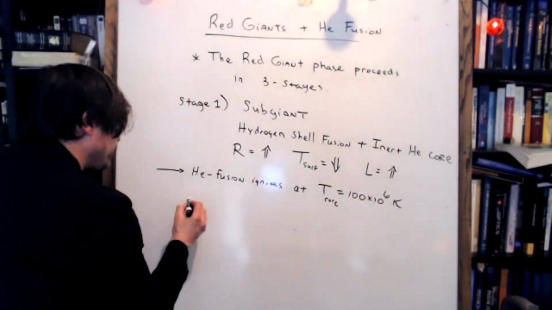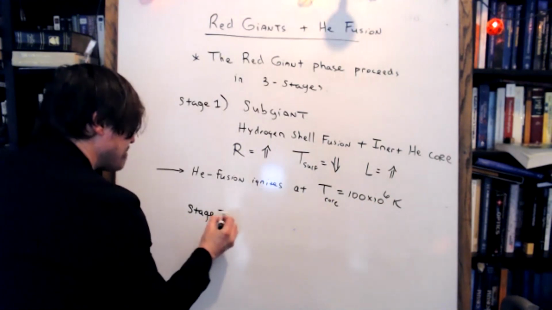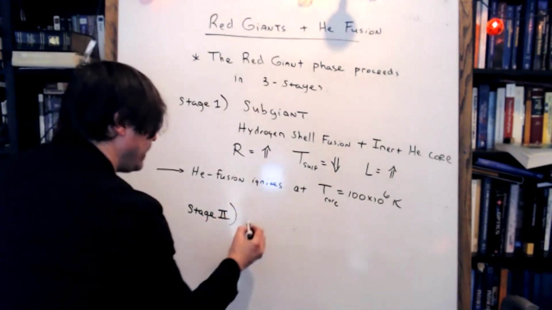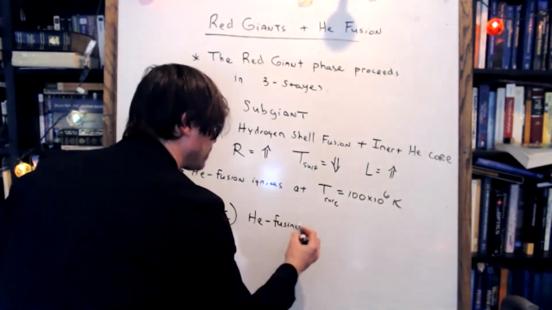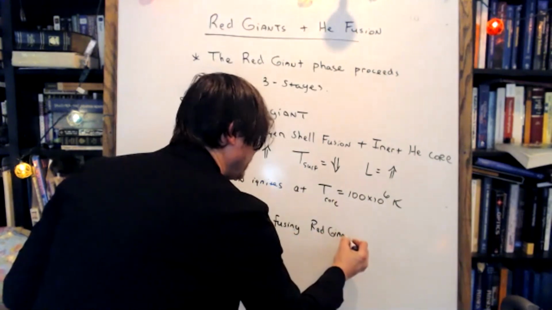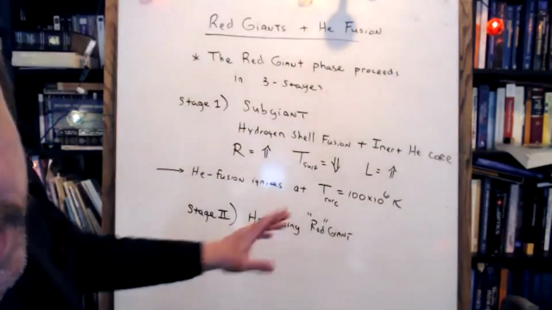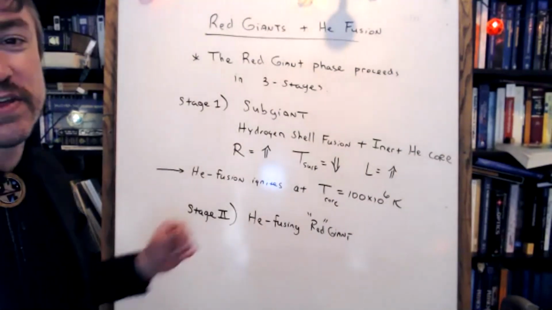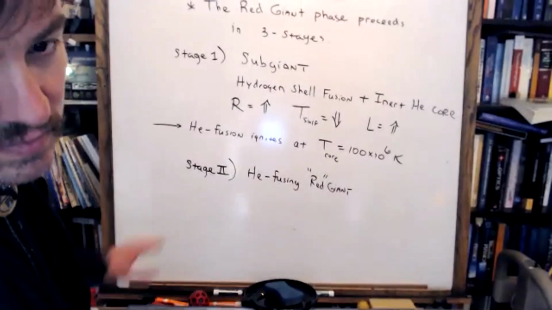Now we enter stage 2. Stage 2 is called a helium-fusing star or a helium-fusing "red giant," except red should be in quotes because the star gets less red and more yellowy during this stage.